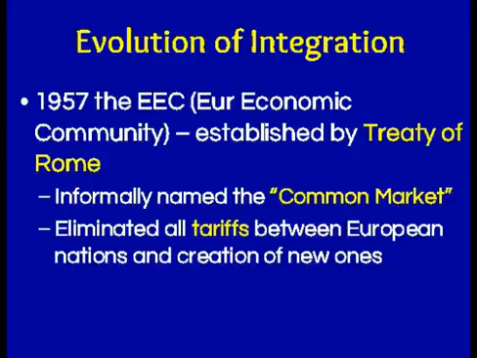In 1957, this body evolves into the European Economic Community, or the EEC, which was established by the Treaty of Rome. And this was functionally a free trade agreement. The goal of the EEC under the Treaty of Rome was to create what's called the common market, where there were no tariffs between members of the EEC, and there was more free trade.